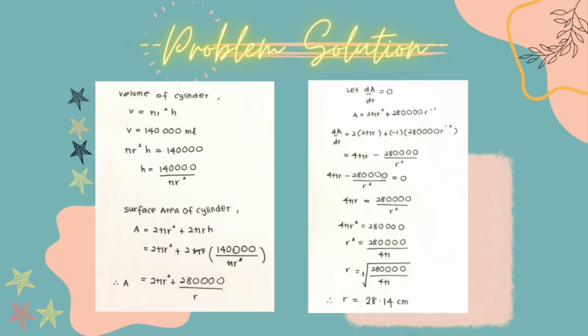Next, we have to find the surface area of the cylinder, which is 2 pi r squared plus 2 pi r h. Then we substitute the h that we got from the volume formula earlier into A, and we get A equals 2 pi r squared plus 280,000 over r.